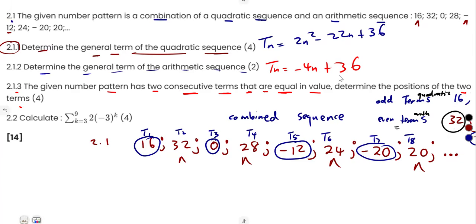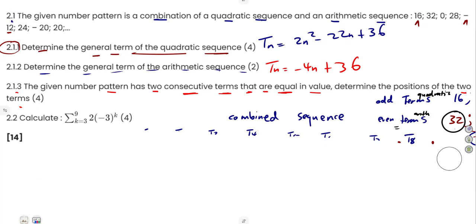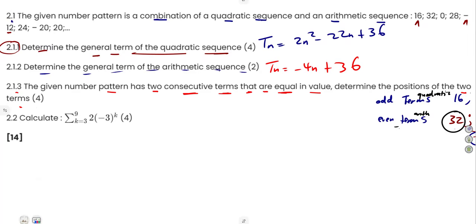All right, guys, from the word consecutive there, we are following a certain manner or a certain order. In that manner, there are two numbers following each other, just like this is T1, T2, T3.